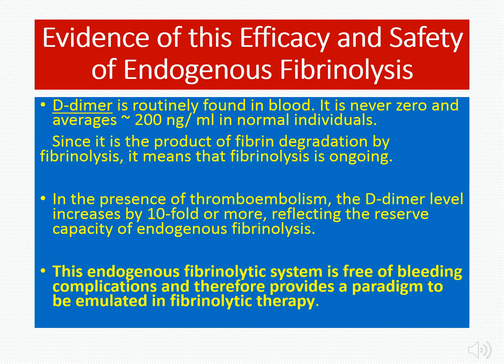In the presence of thromboembolism, the D-dimer level increases by tenfold or more, reflecting the reserve capacity of endogenous fibrinolysis. This endogenous fibrinolytic system is free of bleeding complications and therefore provides a paradigm to be emulated in fibrinolytic therapy.